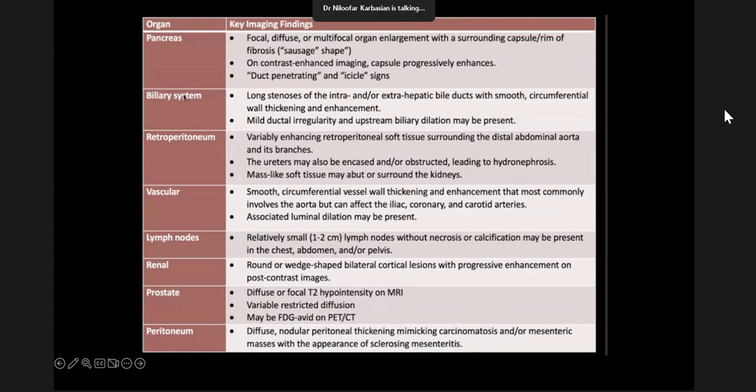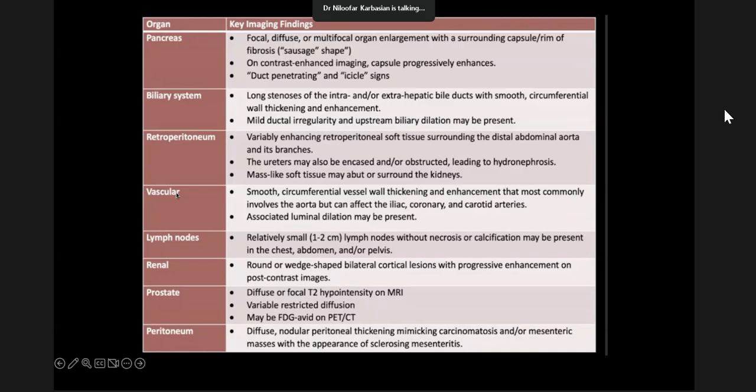It can involve the biliary system, mostly appearing as a long segment stricture of the distal CBD. It can happen in the retroperitoneum. As you are all aware, we call it idiopathic retroperitoneal fibrosis if we don't have this classic IgG4 disease, but most of the retroperitoneal fibrosis cases are actually IgG4 related.